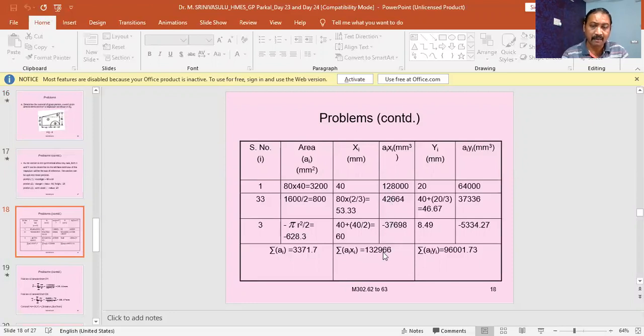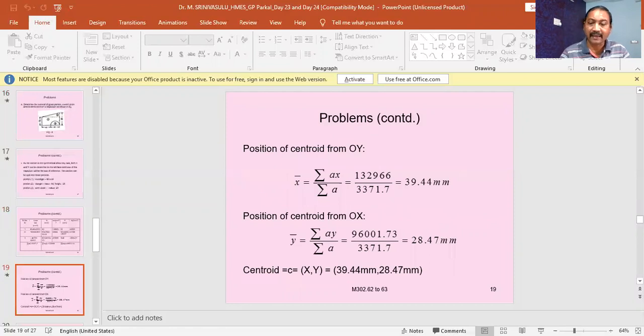So this is becoming 132,966. And here also sigma a into y. We have to add these two terms and we have to subtract this one because it has been removed. So this term is becoming 96,001.73.